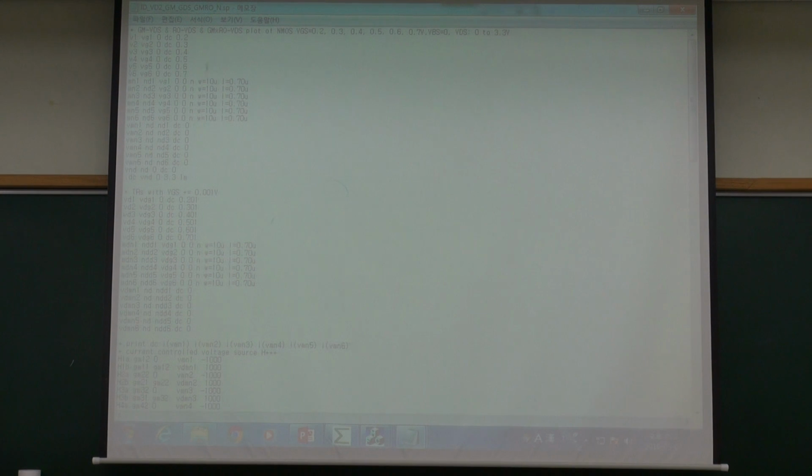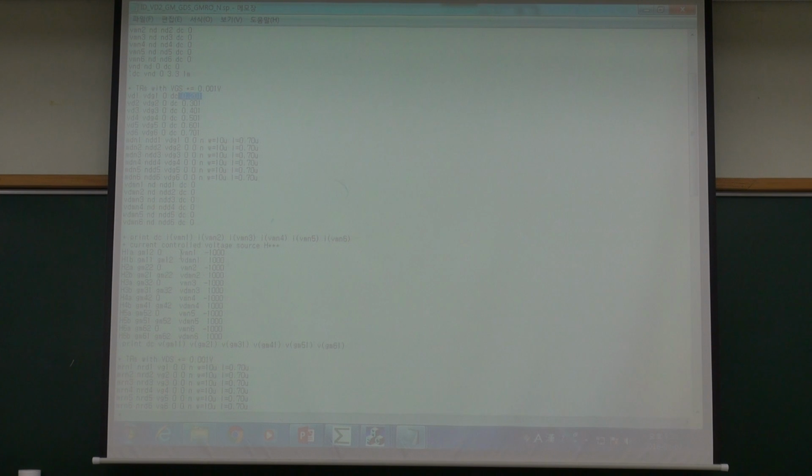So here, I have, how many transistors? 6 transistors here. And then the gate voltage is 0.2, 0.3, 0.7. And then I have another group of transistors here, all the same, except the gate voltage is increased by plus 1 millivolt. And then to calculate GM, I use this H thing, which is a current controlled voltage source.